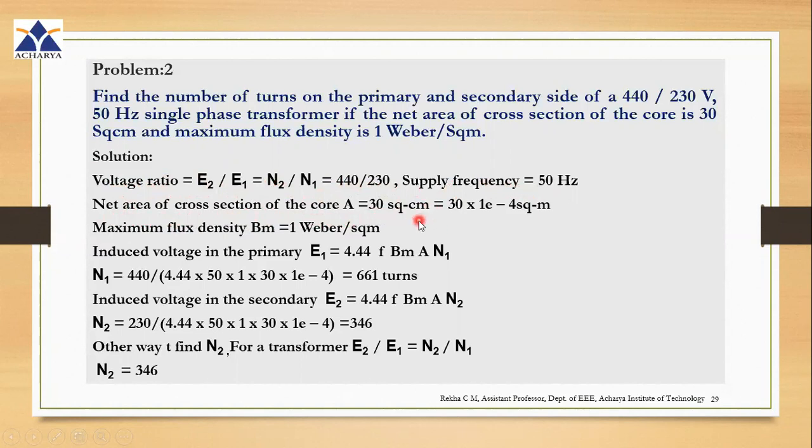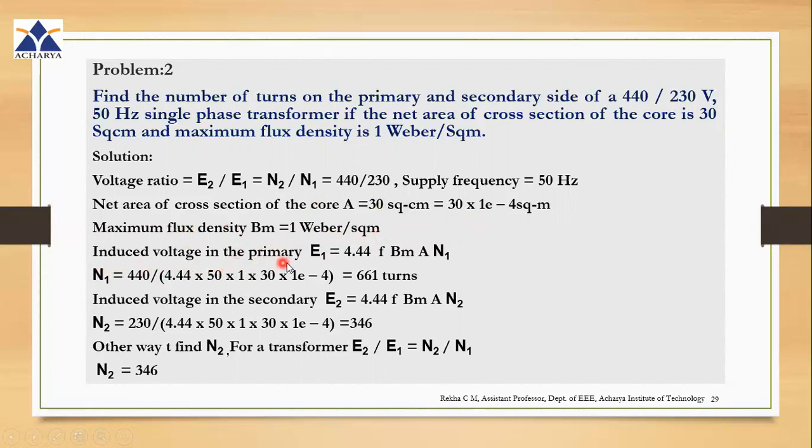If we convert to meters, we need to multiply by 10 to the power of minus 4 because it is square centimeter, so 10 to the power of minus 2 whole square. The maximum flux density is given as 1 Weber per square meter. Here there is no conversion because it is already given in meters.